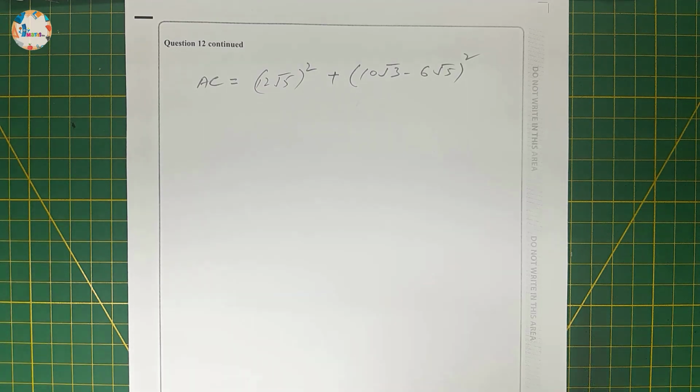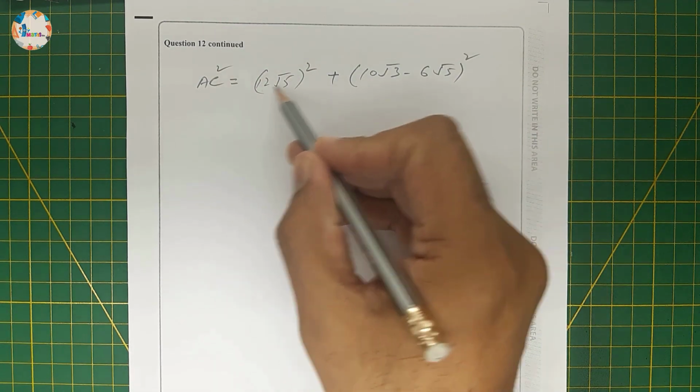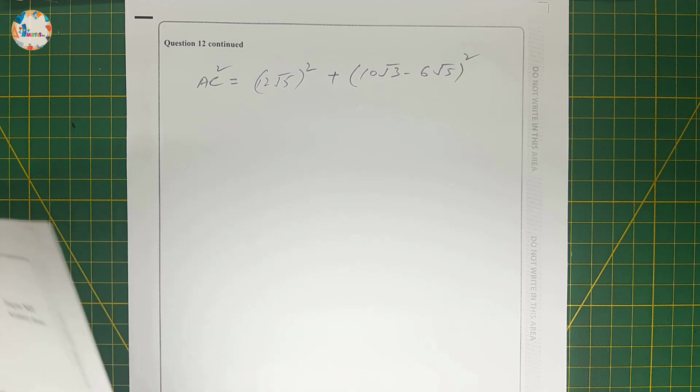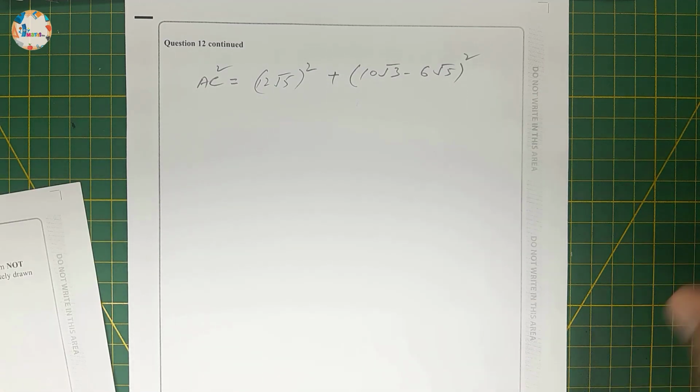So this will be our equation. AC squared is equal to this one, and we can find the value.